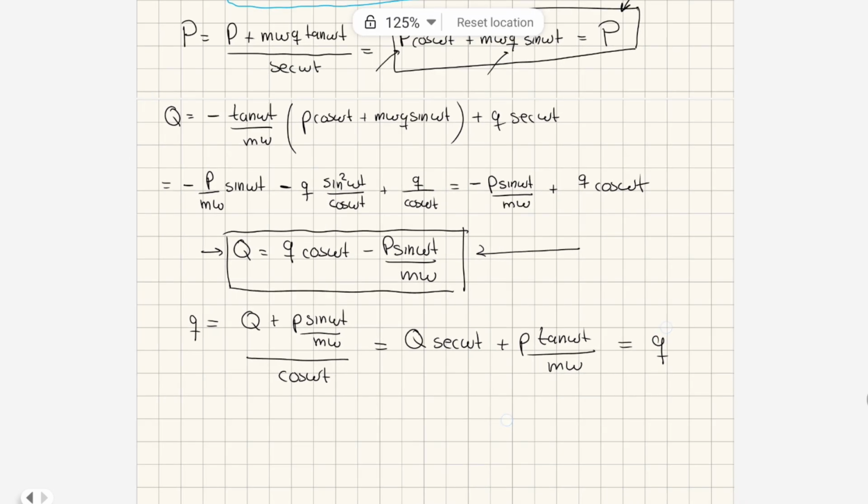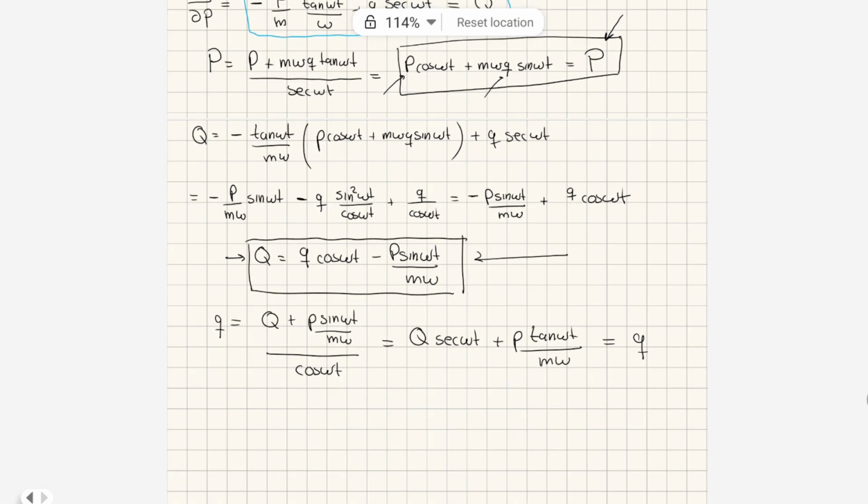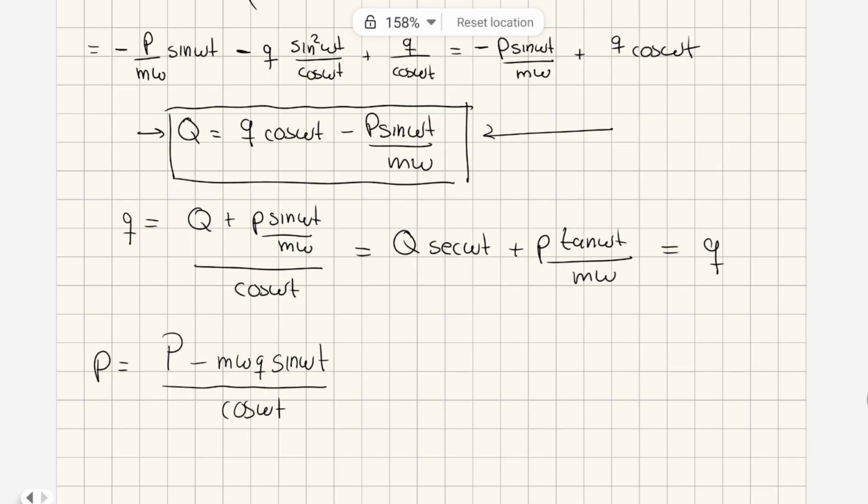So we are going to take now this second equation. We are going to solve it for little p. So if we do that, we are going to get that little p is equal to upper P minus m omega q sine omega t, all divided by cosine omega t. Remember, from this equation. So we will get that P secant omega t minus m omega q, it will be tangent omega t.